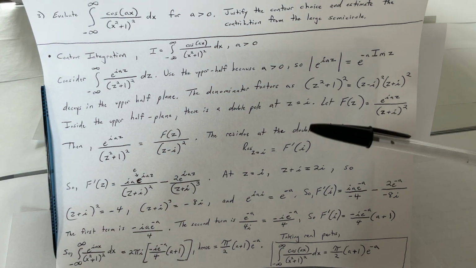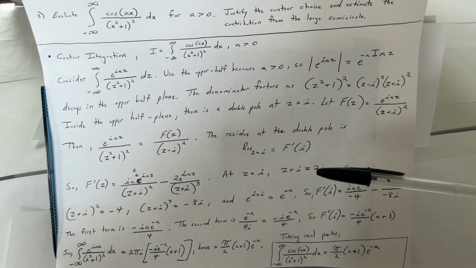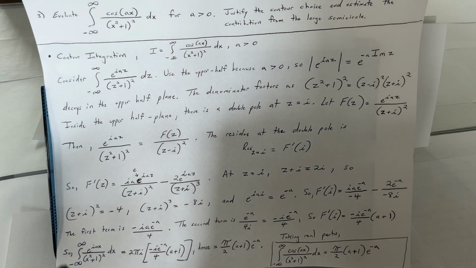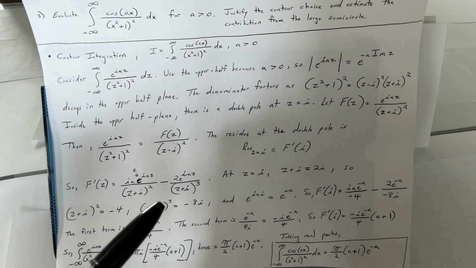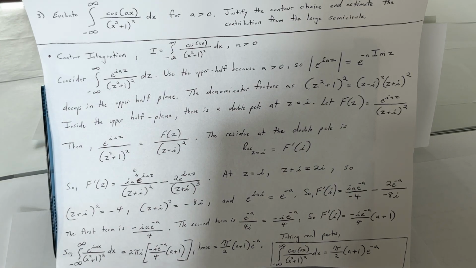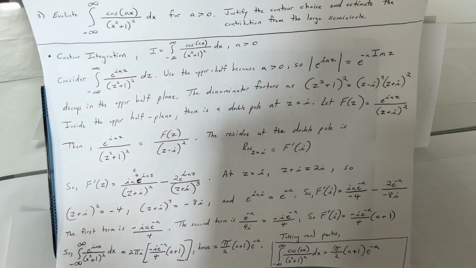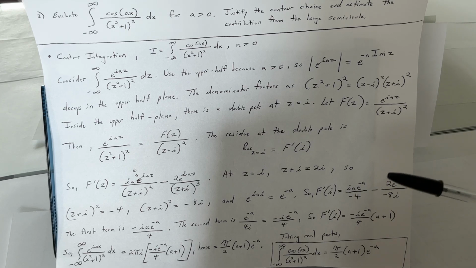And at z equals i, z plus i is 2i, so z plus i squared is equal to negative 4, and z plus i cubed is equal to negative 8i. And e to the i a i equals e to the negative a. So f prime of i equals i a e to the negative a over negative 4, minus 2 e to the negative a over negative 8i.